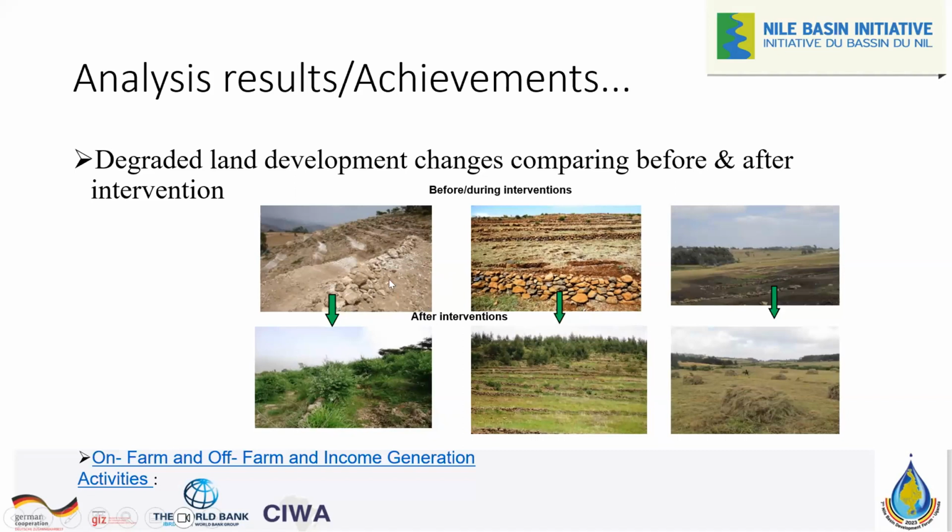And at the same time, there are some interventions in terms of implementation of biological conservation measures through plantation of trees, shrubs, and grass of different species. And when we see the before and after scenarios of this project, there is really the difference that has been created due to intervention in the biological and physical conservation of the watershed management.